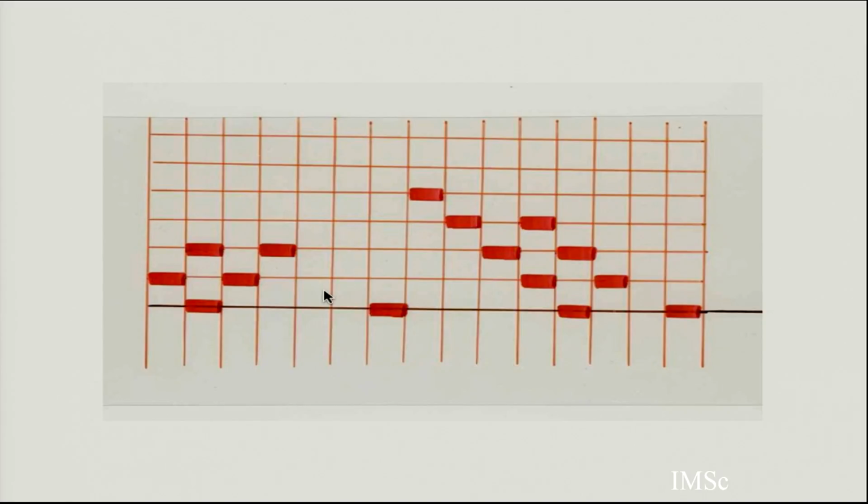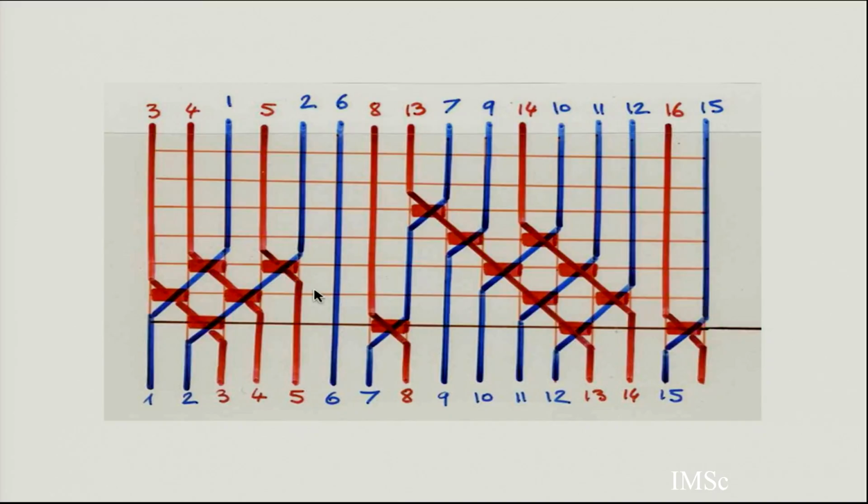And where is the 321-avoiding permutation? You just replace each dimer in the heap by the generator of the symmetric group, and you get this beautiful permutation written in blue and in red. You start from 1, 2, 3, 4, 5, 6, 7, up to 15, and then each dimer gives you a transposition. So this gives you a permutation, and you see the blue sequence is an increasing sequence.